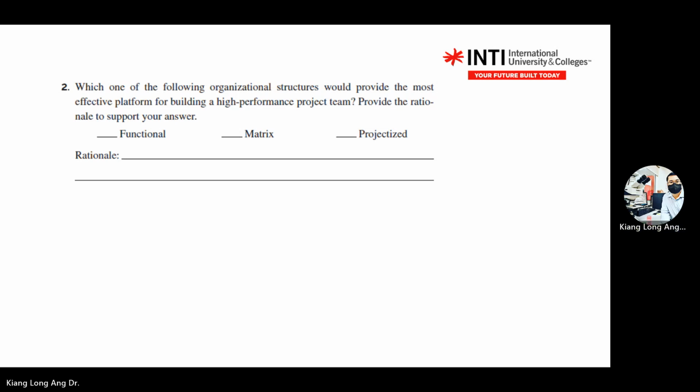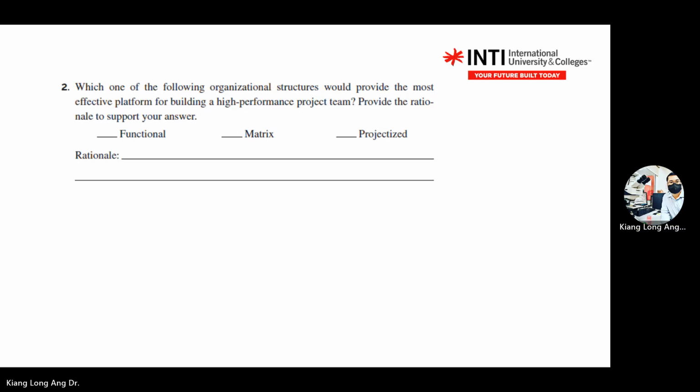So you see here, the loyalty to the project will be more than to the functional. It means the resources will be dedicated to projects with no other priorities. Compare that with the functional units, where resources are given to projects later. That is a difference between the traditional one and the project organization chart.